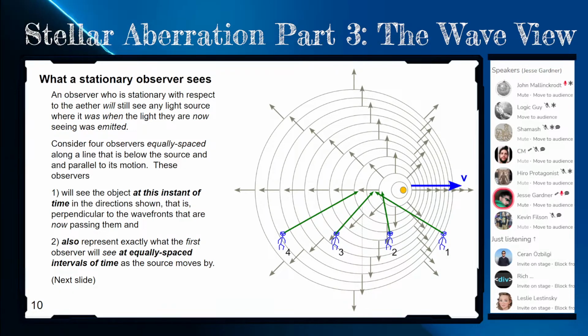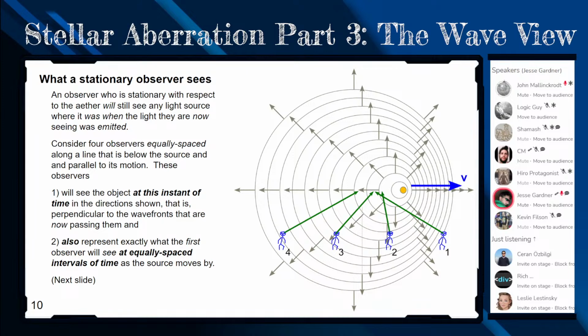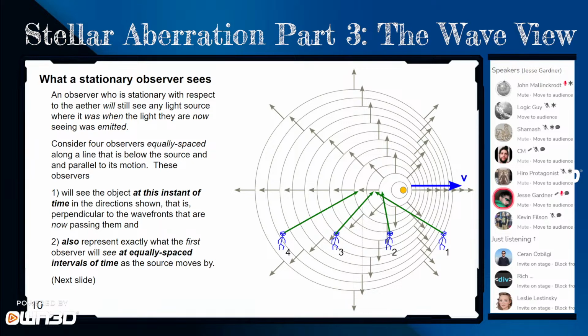So let's just look really carefully at observer 1. Observer 1 right now is seeing a wave front moving mostly to the right, but a little bit downward. So if we interpret that in terms of where he sees the source, he's going to see the source in the opposite of that direction.